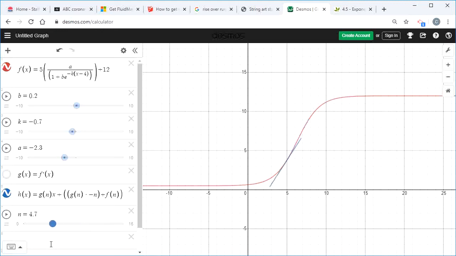So we started down here and the gradient was very low, which means that the virus is spreading very slowly. As we come across more and more days, the gradient, the rate of change, increases, which means the virus is spreading much more quickly. And then as we get up here, we start to see that gradient flattening out again, which means the rate of change is slowing, which means the virus is spreading much more slowly.